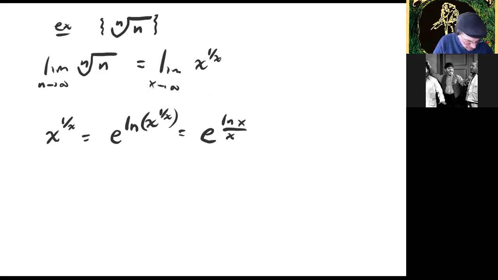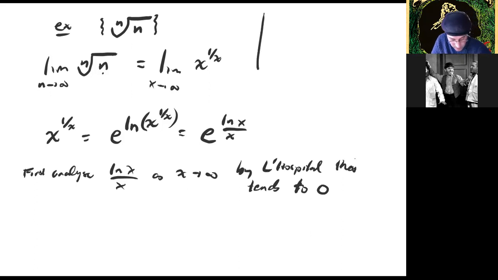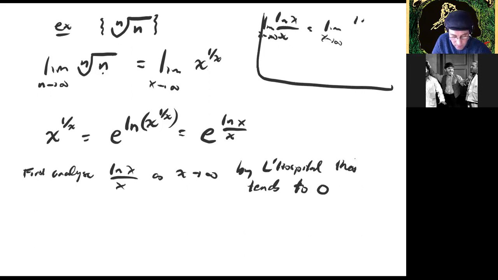So now I want to first analyze ln of x over x as x goes to infinity. Well, we saw that by L'Hopital, this tends to a value of 0, right? Let me repeat the argument: the limit as x goes to infinity of ln of x over x is the same as the limit as x goes to infinity of 1 over x over 1, which is 0. So that tends to 0.